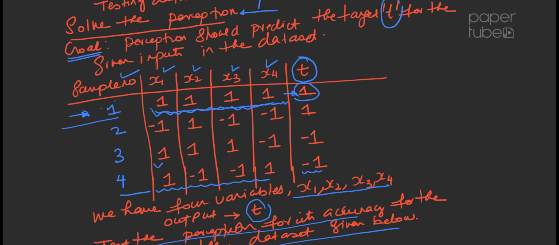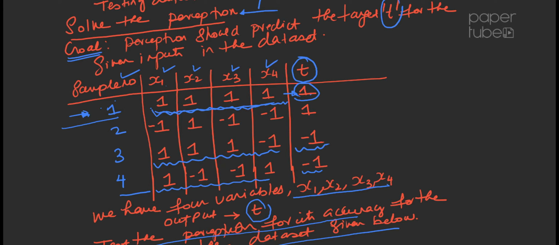Or if you feed these four values 1, 1, 1, -1, it should give an output value of -1. If you manage to find the w1, w2, w3, w4 and bias that can predict your target for the given input, then the perceptron is said to be solved. So that's the rule. Let's solve the perceptron one by one.